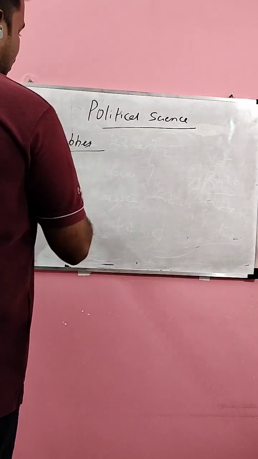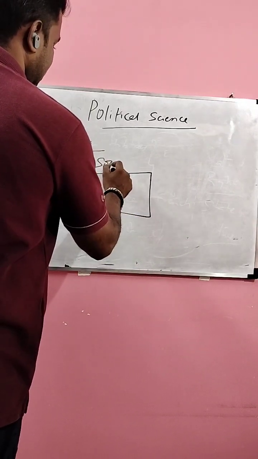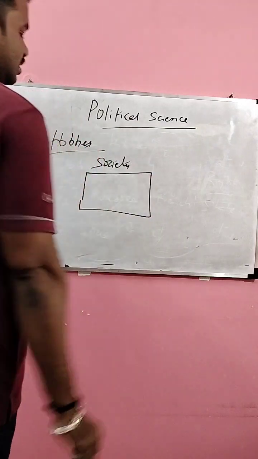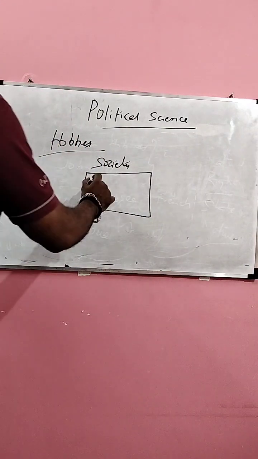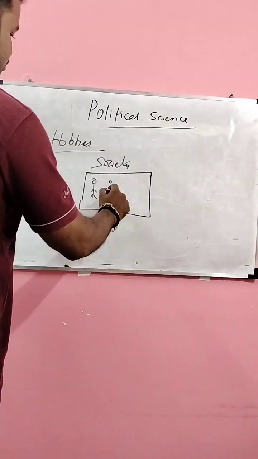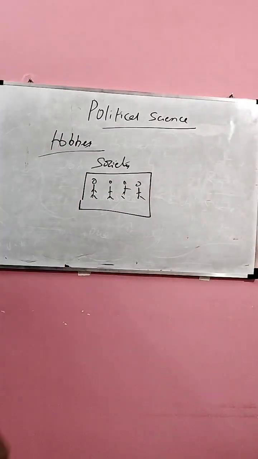Hobbes was referring to a society, an initial society. This society had individuals. What is society? A group of people living in a particular region who are related to each other, share some common values or culture. This is called society. Politics itself is seen through the broader concept of society.